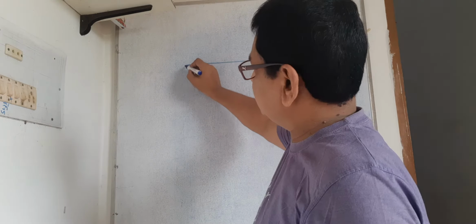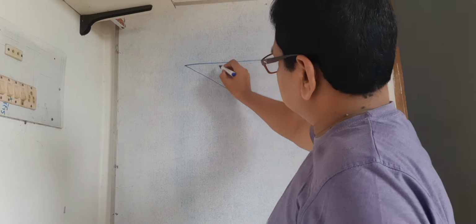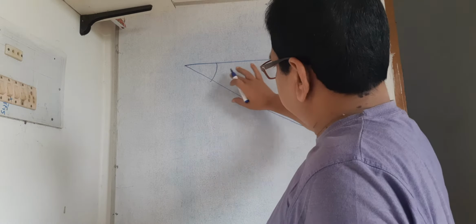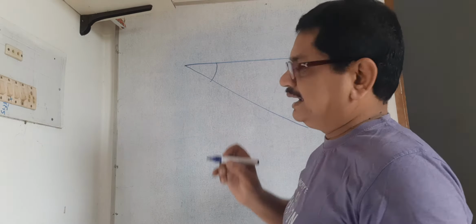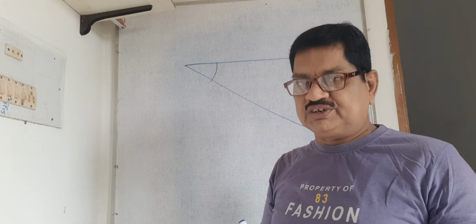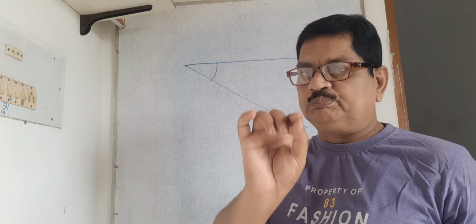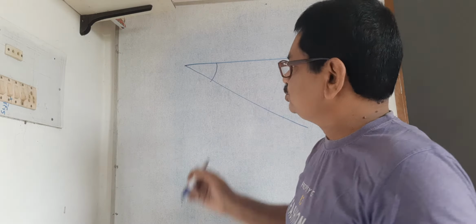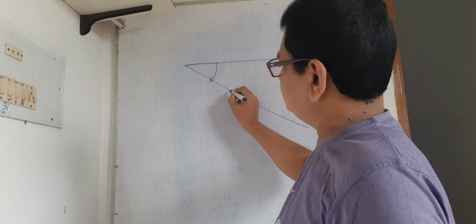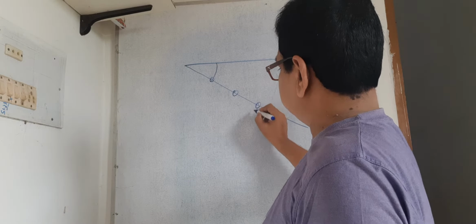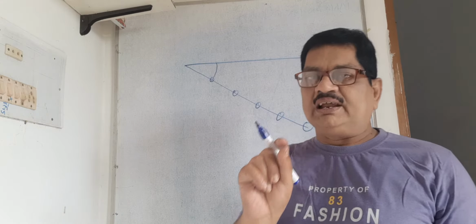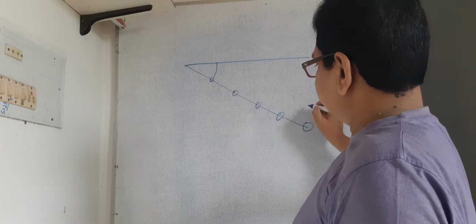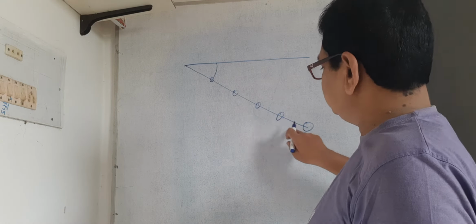We will draw another line segment inclined with an acute angle with the given line segment, and since ratio is 2 is to 3, 2 plus 3 comes 5. So we will take here 5 points at equal distances, something like this. You can use your scale also for doing this, and 1, 2, 3, 4 and 5.